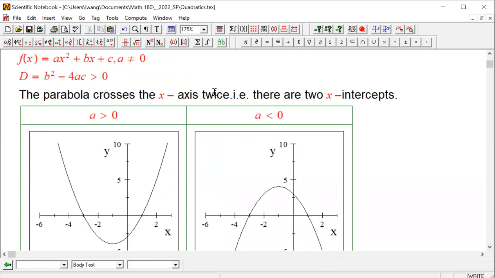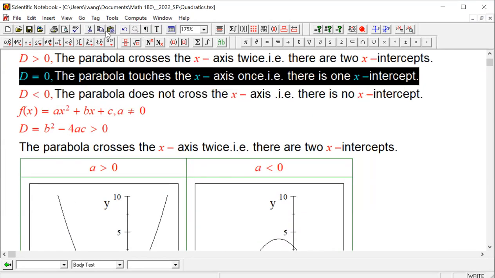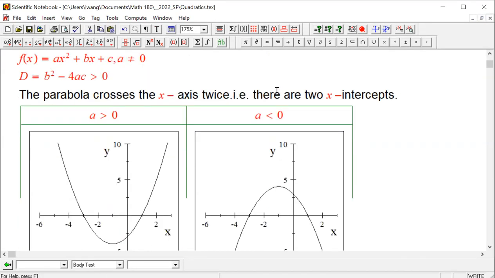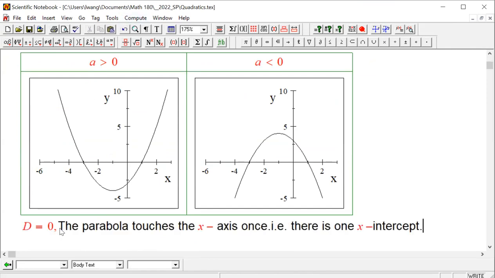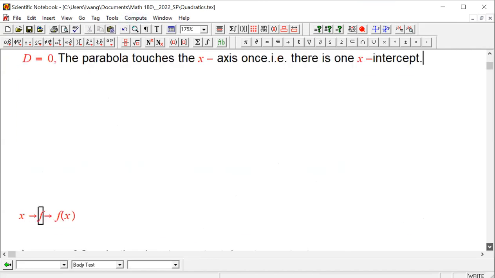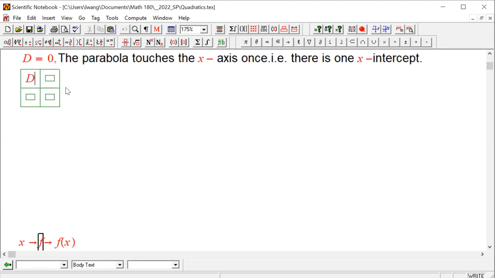Now, the second case is the parabola touches the x-axis only once. When the discriminant is 0, the parabola touches the x-axis only once. And we have those cases. It could be touching in the case where A is less than 0, or A is positive.